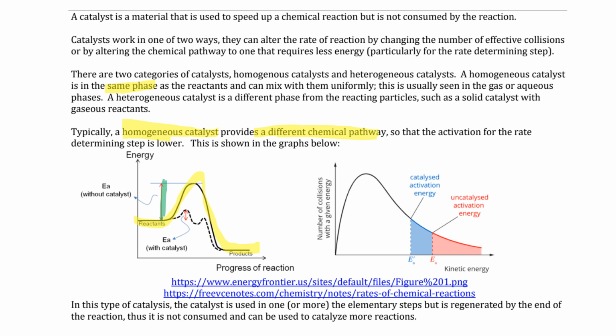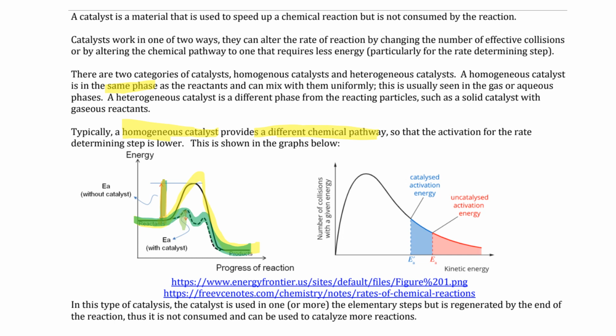This is my EA here. And then if I add a catalyst, notice how much lower. There are two humps, but also notice how much lower the activation energy is. Also, as you can see in the other graph, like I said, you can either alter the chemical pathway by lowering the EA, or you can also decrease the number of collisions within a given energy.